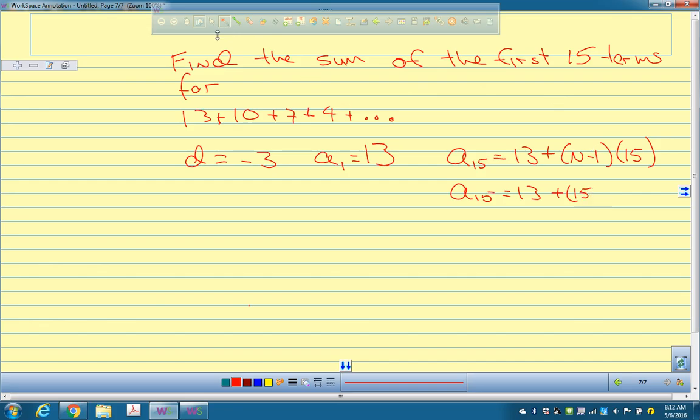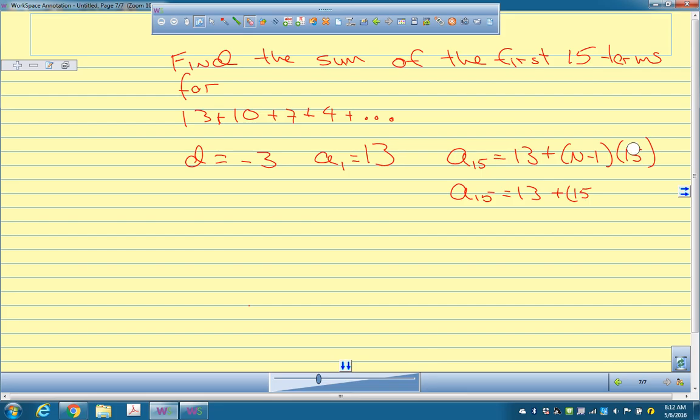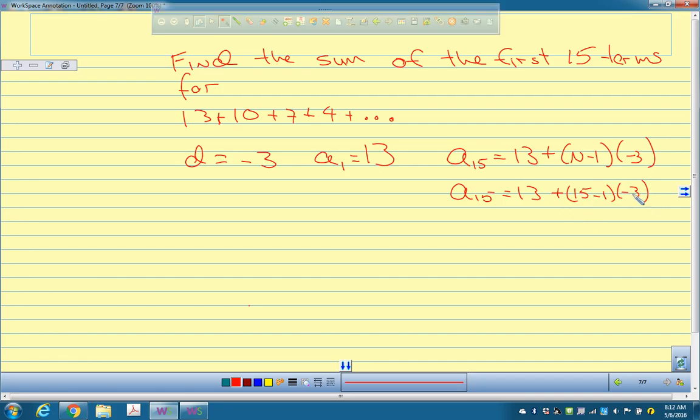That should be negative 3 right there. So 15 minus 1 times negative 3 gives you 14 times negative 3, negative 42. This gives you negative 29. So a sub 15 is negative 29.